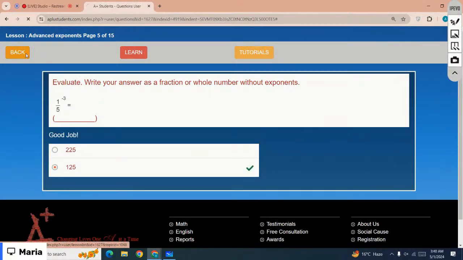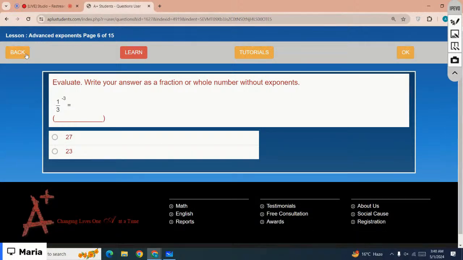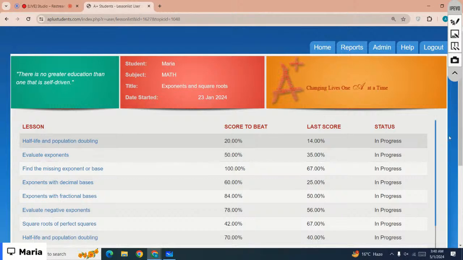Okay, you can complete the lesson by yourself later today. So, we were working on grade 6 math. The chapter we were working on is square exponents and square roots.